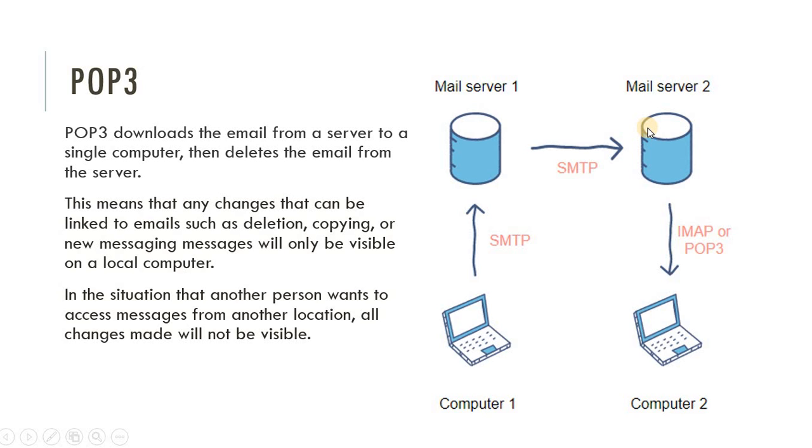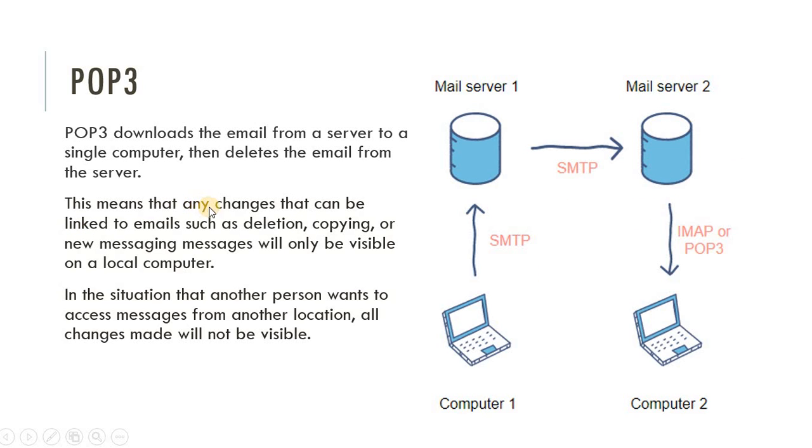So if I open my mail agent on my laptop, and I receive my mail, I click on that mail. After that, I have to download that mail first. Without downloading, I cannot read that mail. So first I download that mail on my local PC or local device. Once I download that mail on my laptop, that mail is deleted from the mail server.